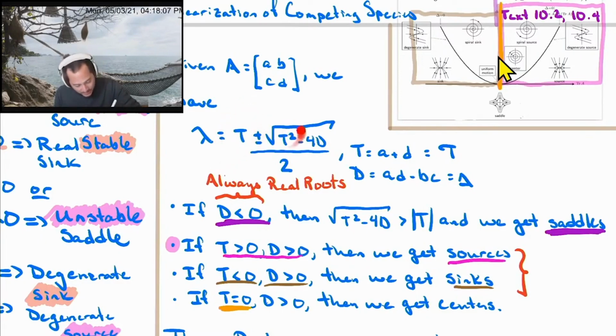But if trace is 0, this trace squared underneath the radical is 0. And if determinant is positive, then you're taking the square root of a manifestly negative number, and you're going to get i's. But if you get i's and this term right here is gone, this t is gone, you're not going to get any real part with this i. So it's going to be purely imaginary. And what are you going to get in that region? You're going to get centers.